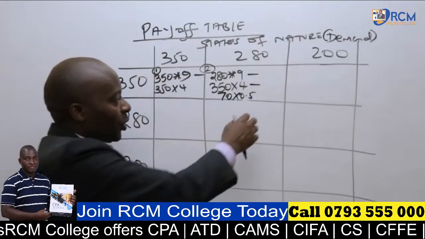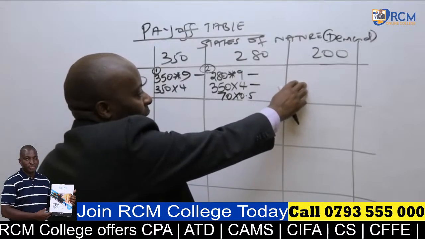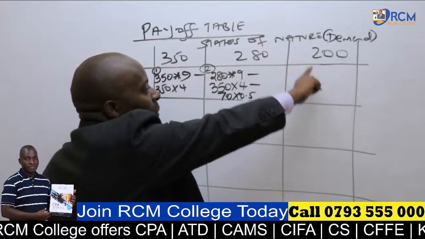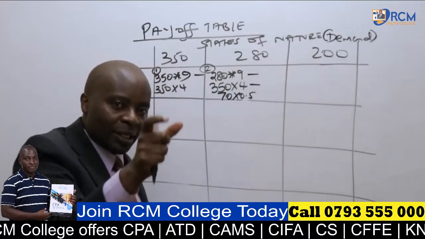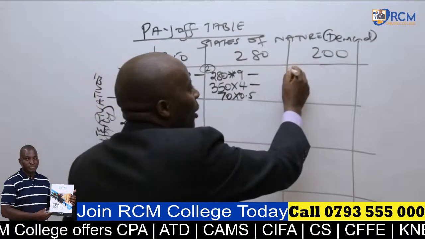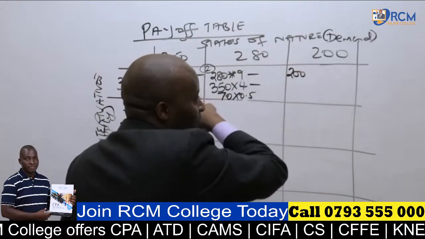So go to the next cell. How do we interpret it? I can see the supply is 350. How many are being demanded? 200 bags. So demand is lower, and demand becomes the effective sales quantity.